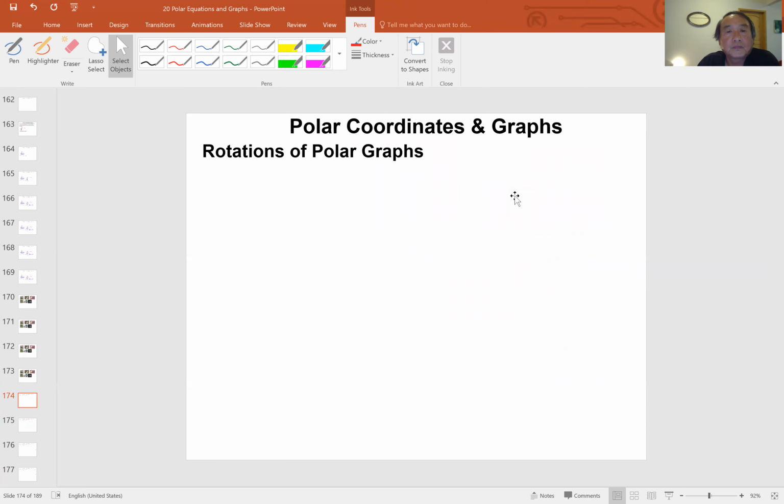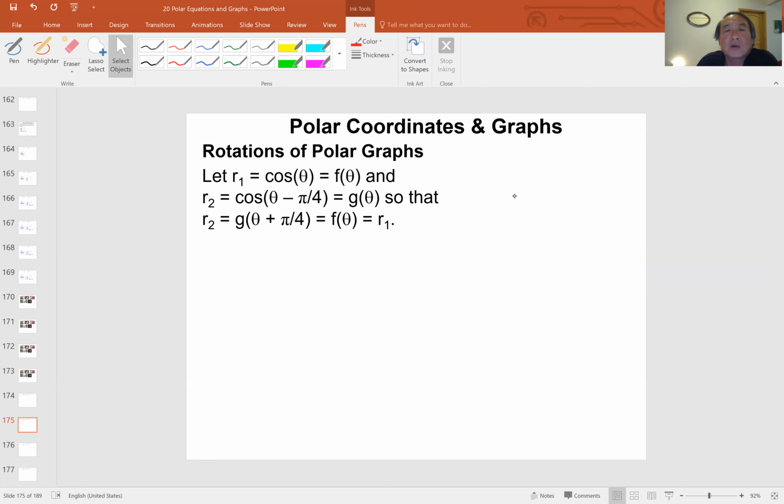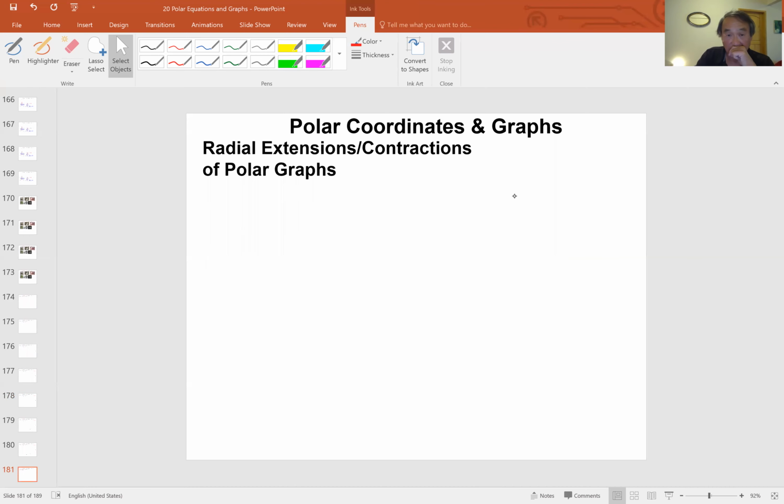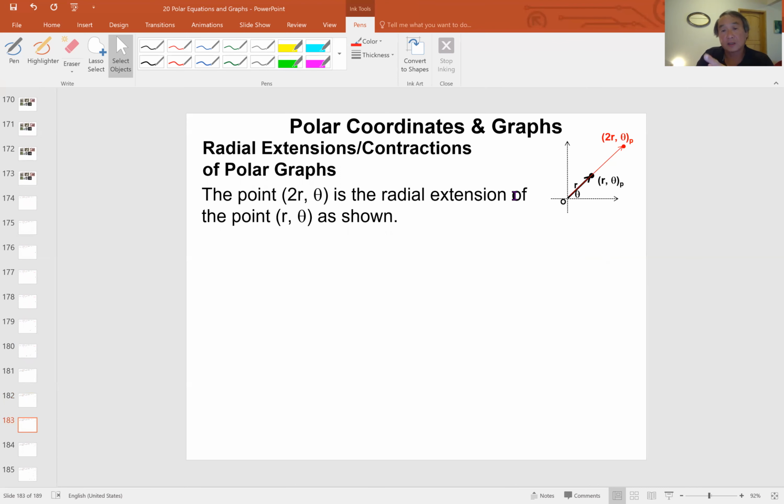Okay. Then finally, a little bit about rotations. If I change theta to theta minus pi over 4, then we rotate counterclockwise. And if I multiply the formula cosine by a constant, I will stretch the r out. For instance, if I multiply by 2, then it stretches out.